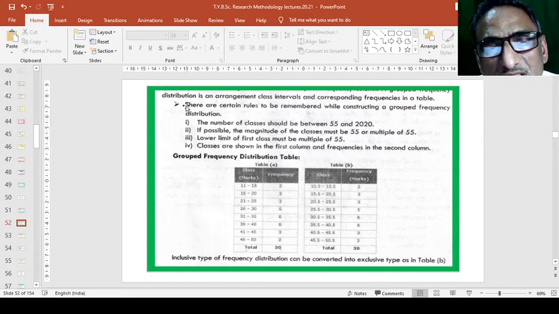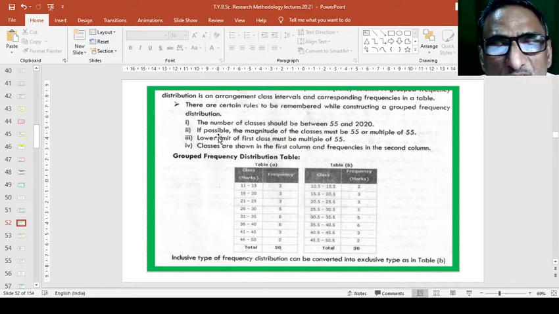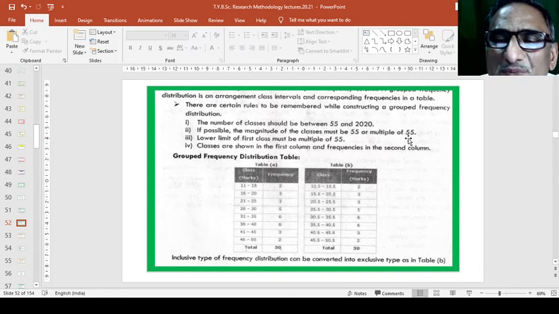First, the number of classes should be between 5 and 20. If possible, the magnitude of the classes must be 5 or a multiple of 5. The lower limit of the first class must be a multiple of 5. Classes are shown in the first column and frequencies in the second column. So a grouped frequency distribution table can be constructed.